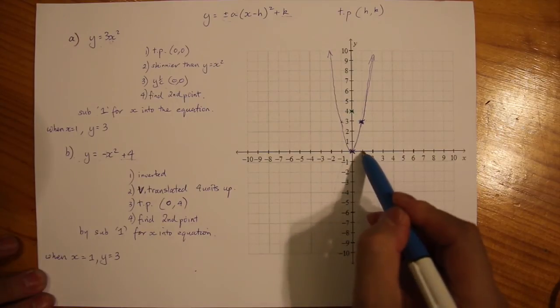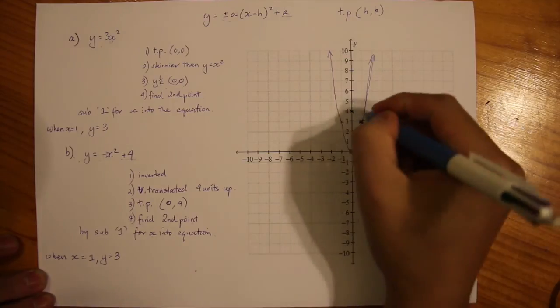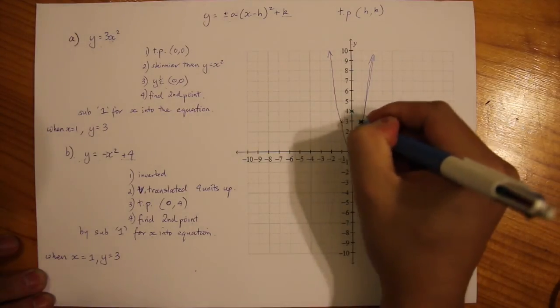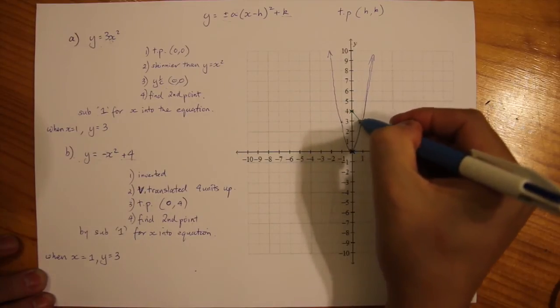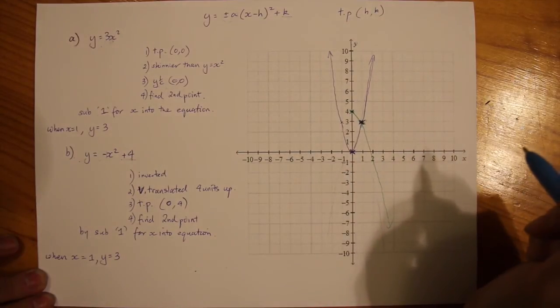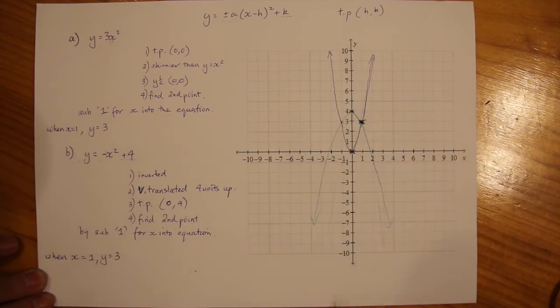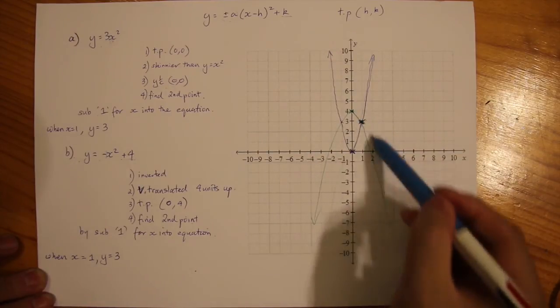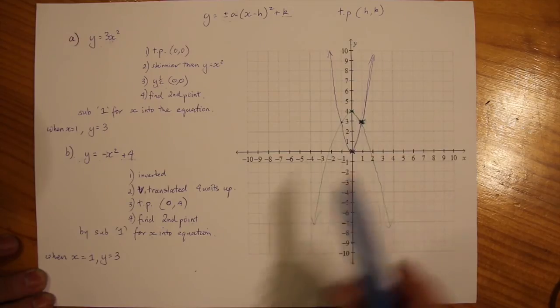When x is 1, y equals 3. So that's going to be our parabola going down with our 2 points.